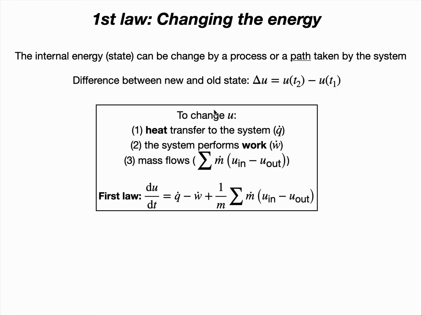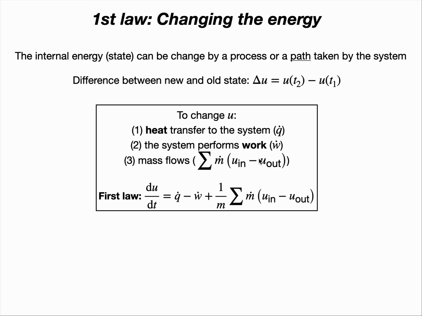To change U, you can either heat the system, so we'll have a term, Q dot. So here's the time derivative of U. Q dot will be a heating rate. The system can perform work.